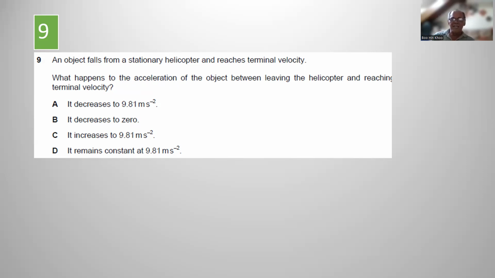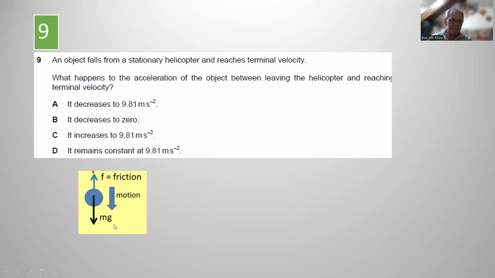Besides the weight acting downwards, air resistance opposes the weight. So air resistance increases with velocity, so the acceleration will decrease.